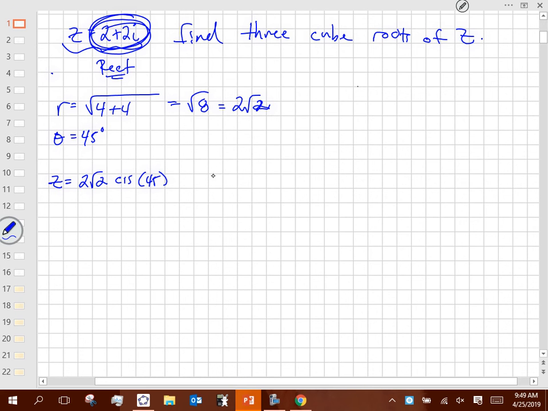Now I want to find the cube root. The cube root of z is the same thing as z raised to the 1/3 power, right? Then you take your r, which was 2 root 2, and we're going to raise that to the 1/3 power. And then cis of your 45 degrees plus k revolutions around the unit circle, divided by n.